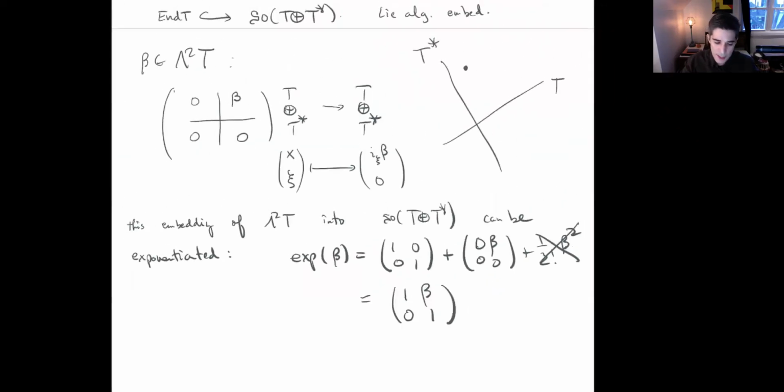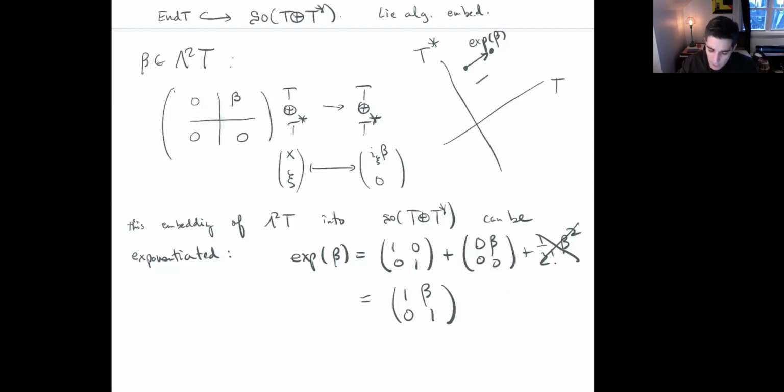And so what that means is that the exponential of beta will take this point and send it to itself plus a component which takes whatever the covector component of this vector is, and it shears it in the tangent direction. So it moves it in the tangent direction.